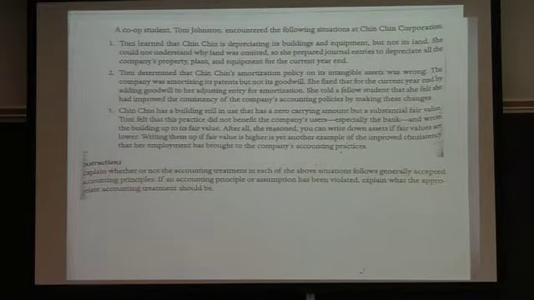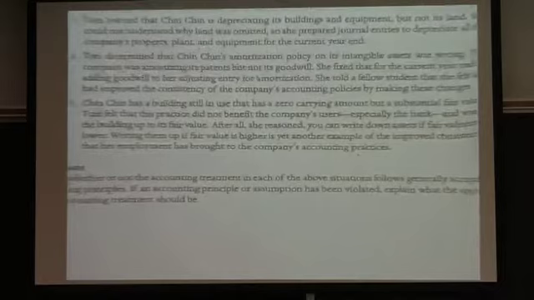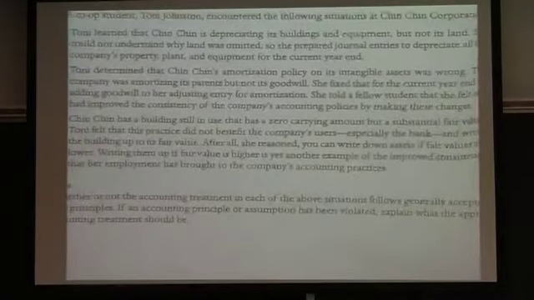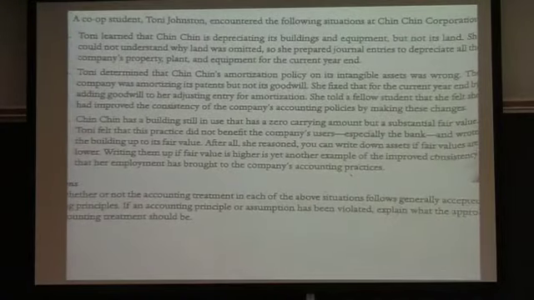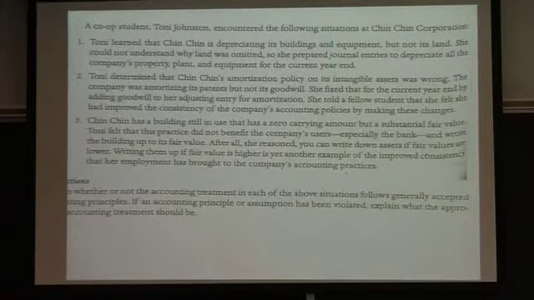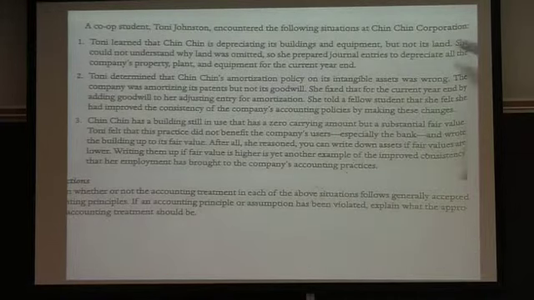So why don't we focus on each one of these scenarios? Let's look at the first one. Tony learned that Chin is depreciating its building and equipment, but not its land.